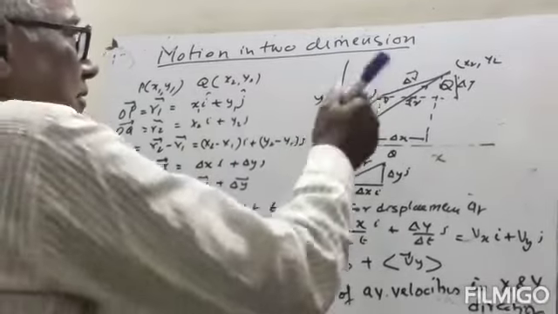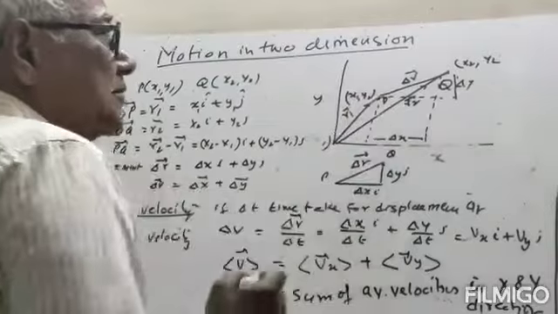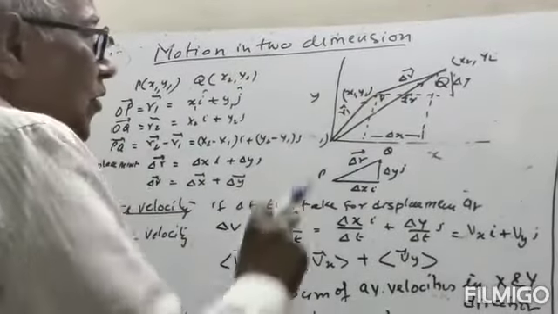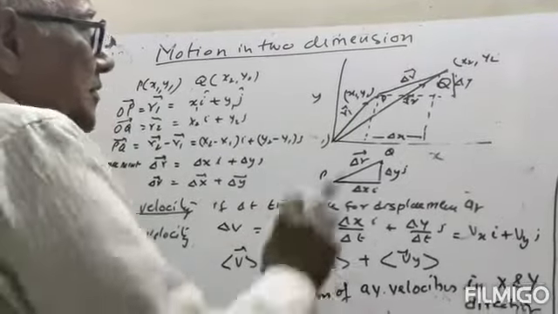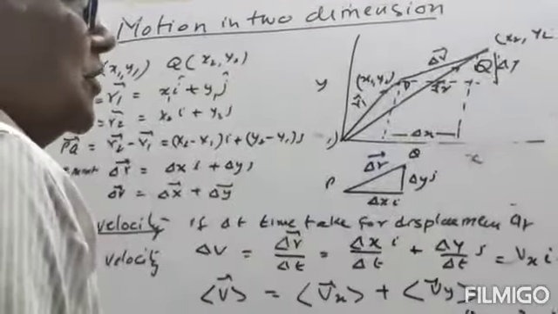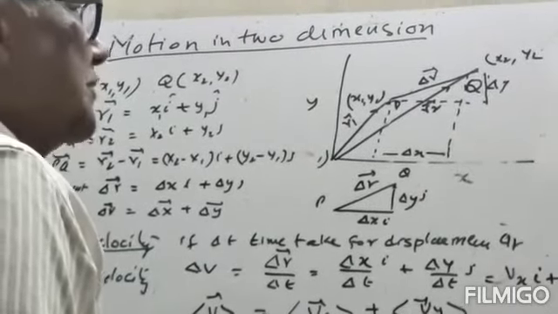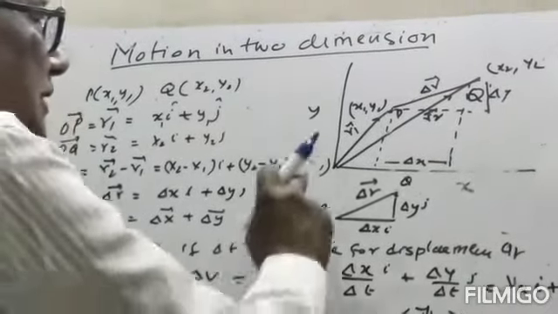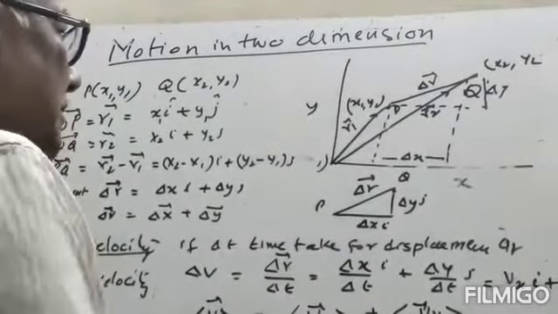Suppose initially the particle is at point P. The coordinates of P are x1 and y1. It reaches point Q, whose coordinates are x2 and y2. If this is the origin, we join OP.